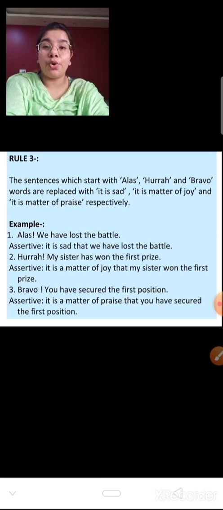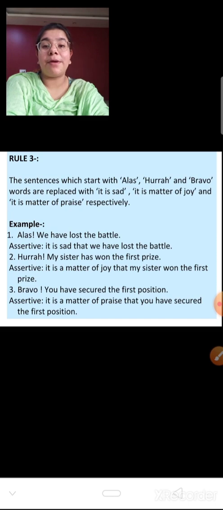Hooray is used when we are very happy. So what we have to do? You have to remove hooray, and you will write: it is matter of joy that my sister won the prize. Now the last example you can see is bravo.